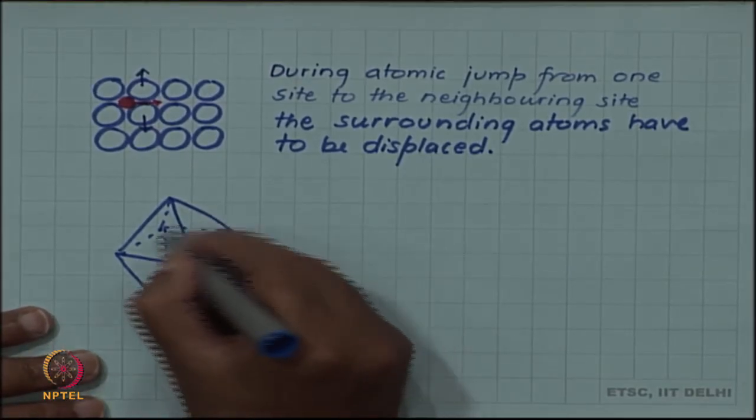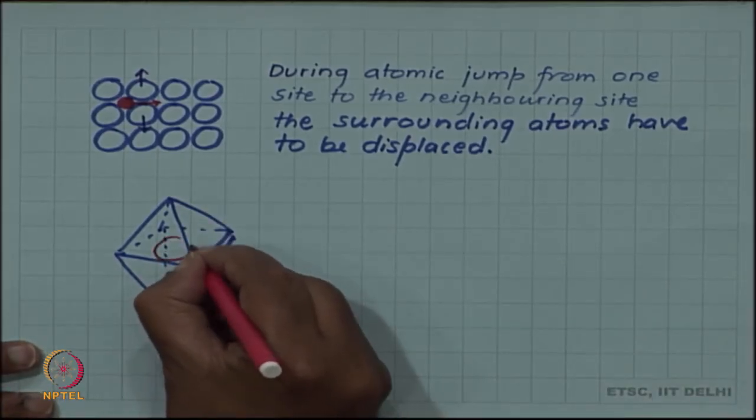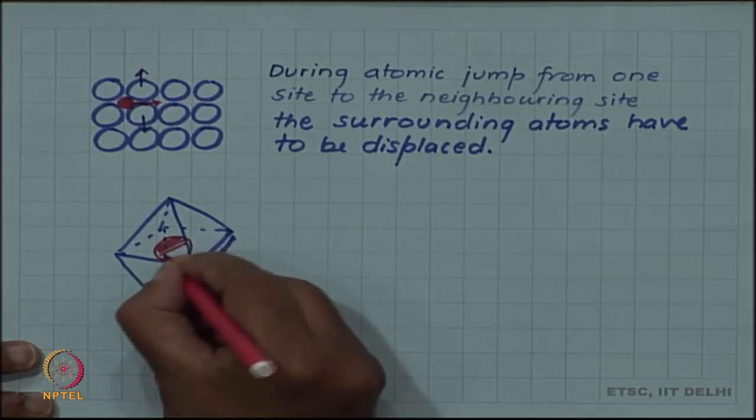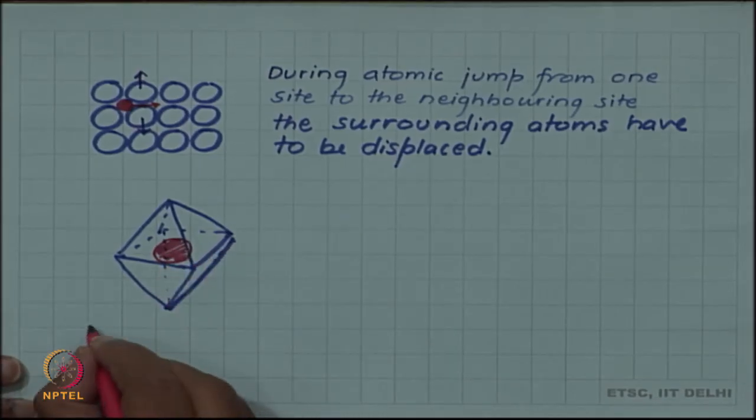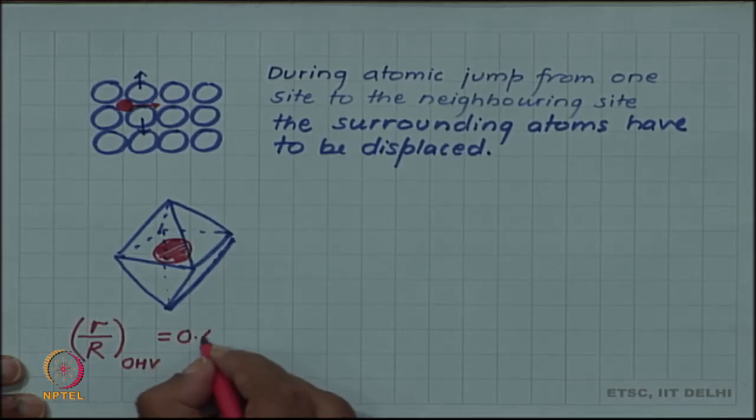Now, the void is in the center and there is an atom sitting there, and if you remember, the largest atom which can fit the octahedral void, that ratio is 0.414.